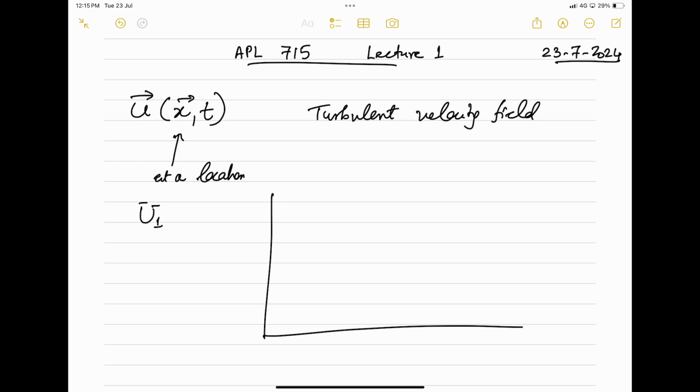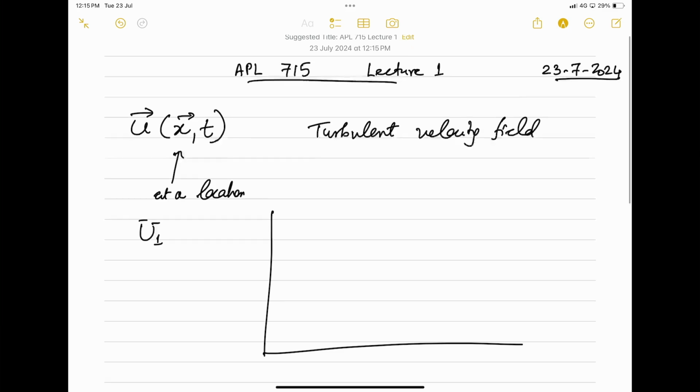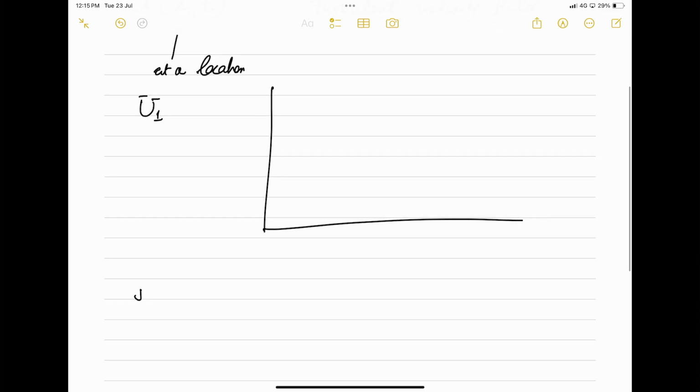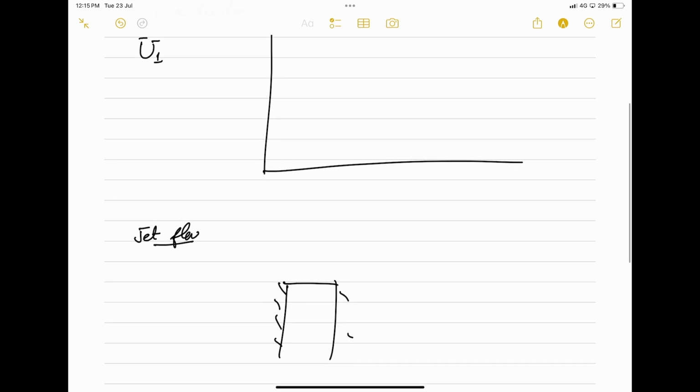so in some particular flow, maybe I'm talking of a jet flow. So this is basically a jet coming out from a source.